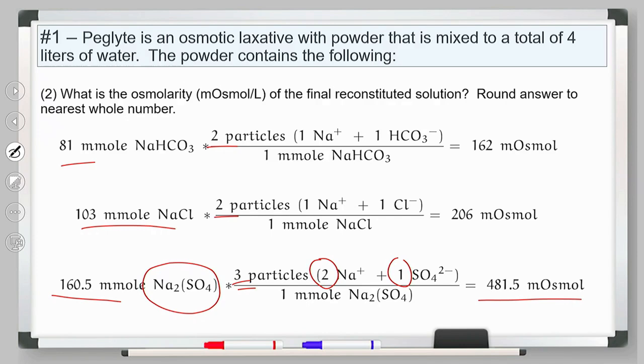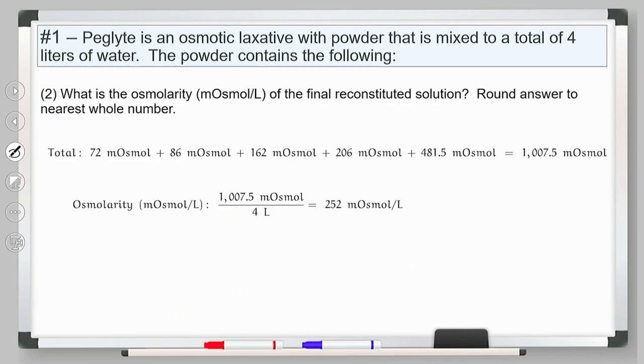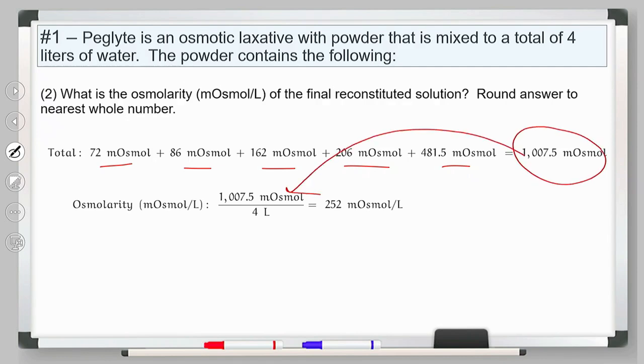Okay, add all of those particles up, and I tell you now, there will probably be a question on osmolarity. It will always be about osmolarity, which is the number of milliosmoles per what? Per liter. You have to have the final number in per liter. So this step is just adding up all of those individual milliosmoles, taking the millimoles times the number of particles, adding them all up together. So everything combined has that number of milliosmoles.